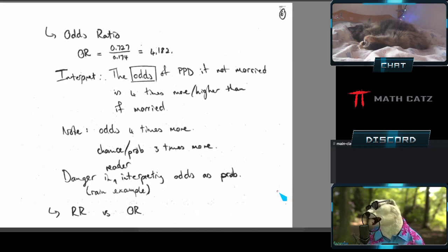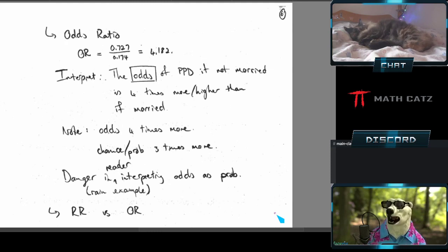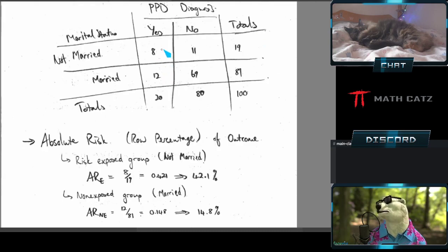Before I say that, there is a downside I'll talk about as we wrap up. I know this one has been a little bit longer, but there's a lot of things happening here in the relative risk to odds ratio debate. I have to really be aware of it, especially when the effect of the risk is bigger, because the odds ratio and the relative risk will not be close to each other.